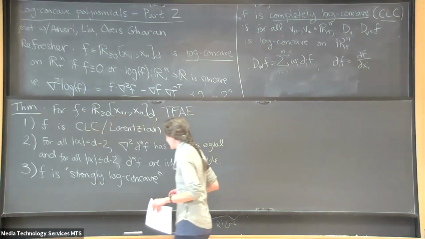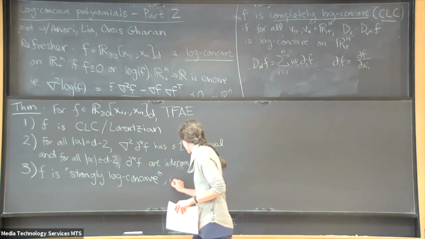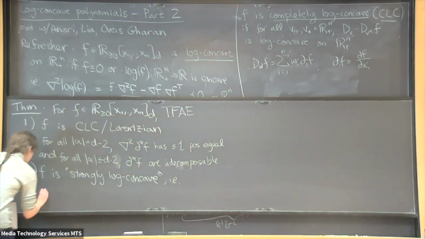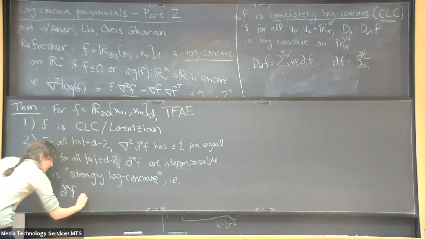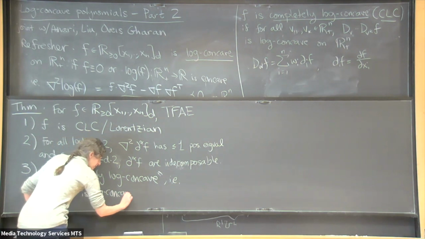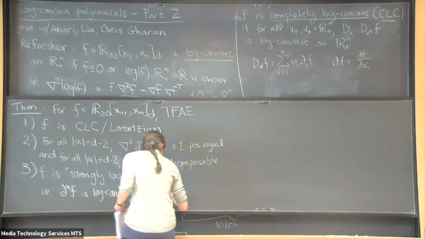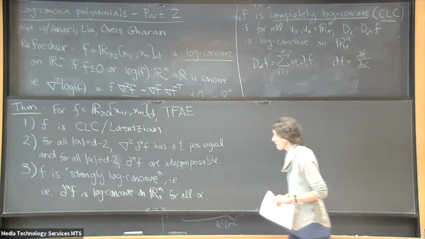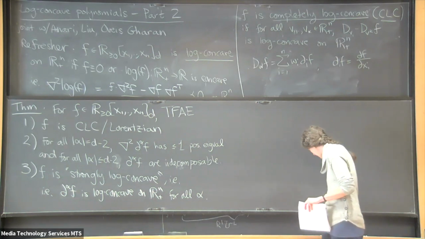So just to make you sick of the word log-concave, this means that all of the coordinate derivatives, the partial derivative with respect to alpha, are log-concave for all alpha. And here you also needed f to be indecomposable.